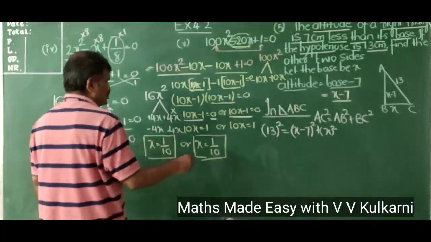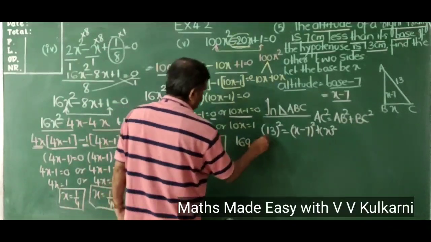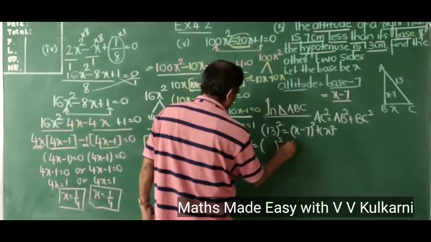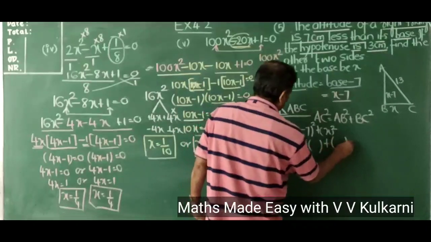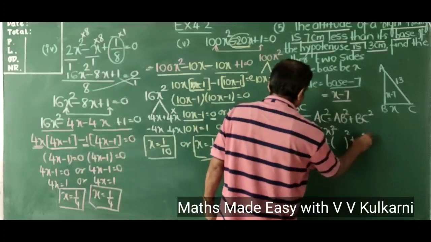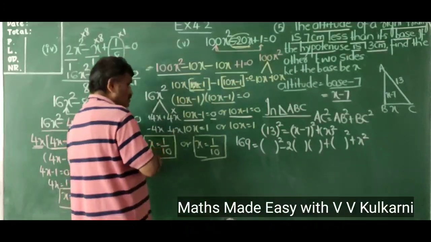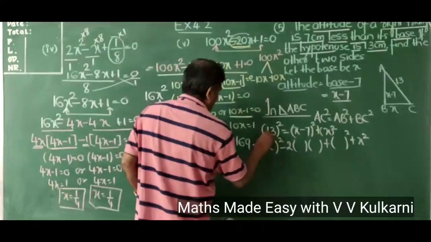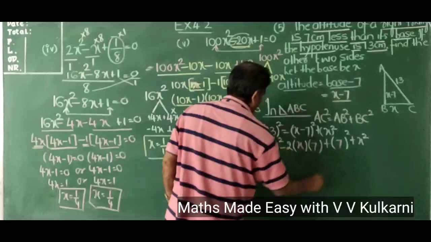So this becomes 169 is equal to first term square minus 2 into first term into second term plus second term square, plus x square. What is the first term here? The first term is x, and the second is 7.